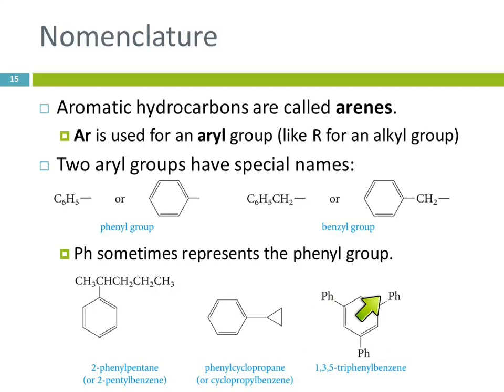And here's showing the Ph as an abbreviation for the phenyl group. So this is 1,3,5-triphenyl benzene, which if we actually try to draw that out, each of these Ph's is another benzene ring.